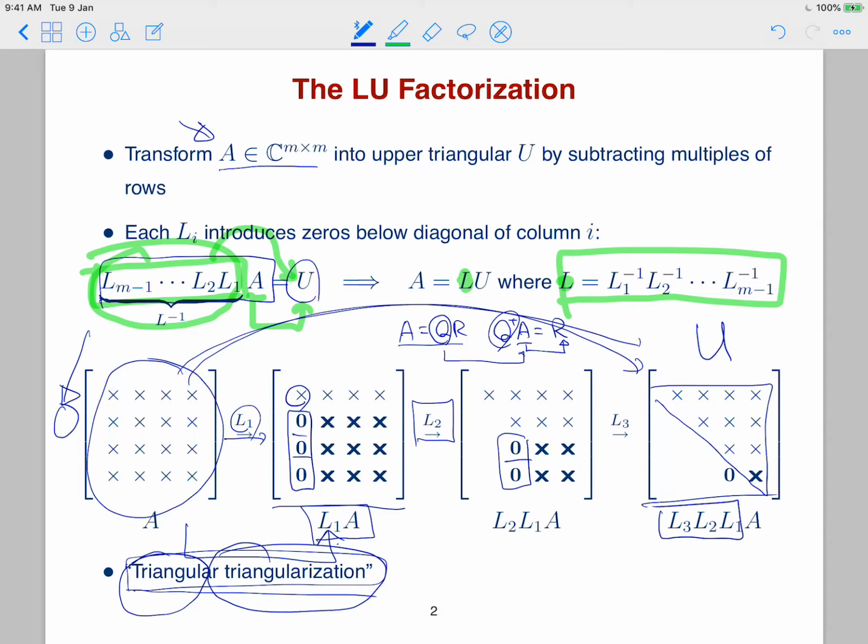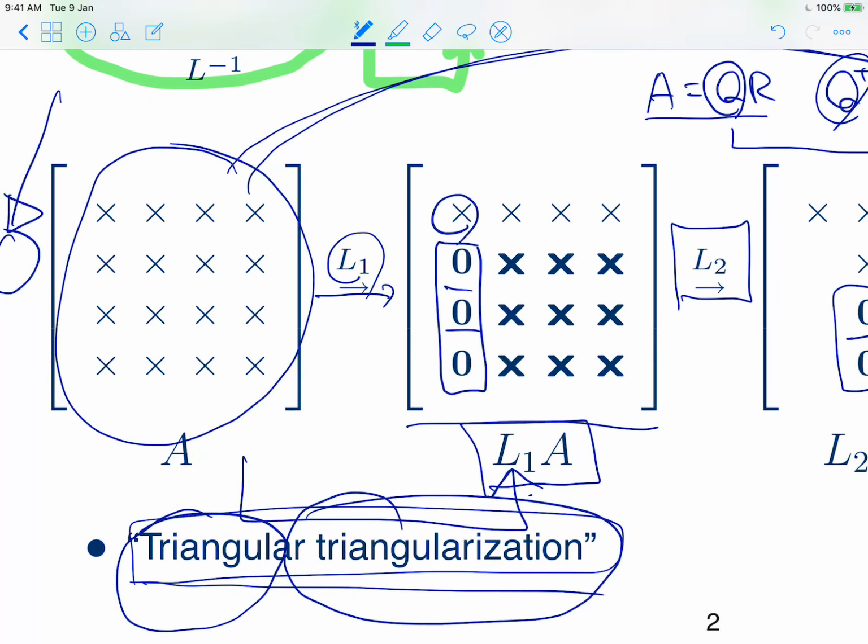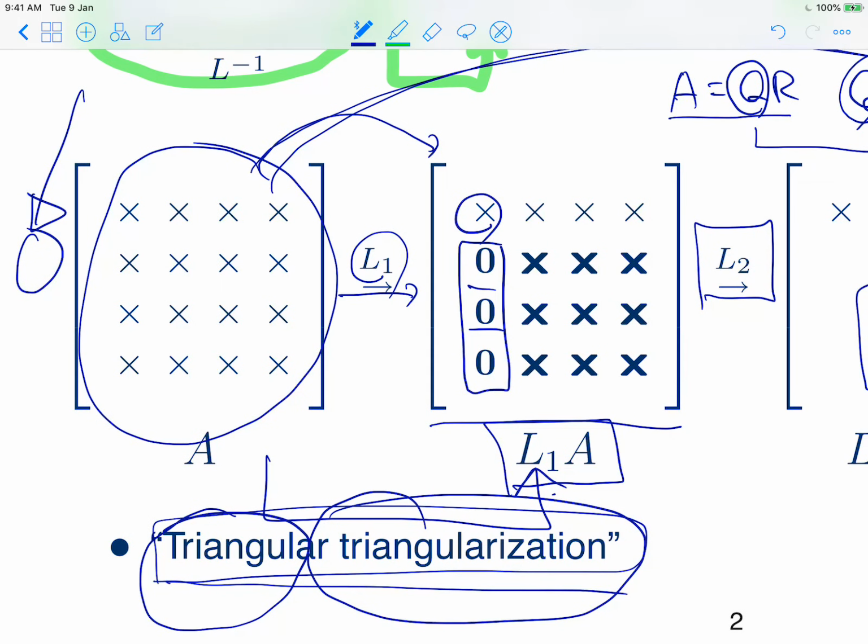Let's think of how we make this triangularization, or upper triangularization, of the original input matrix.